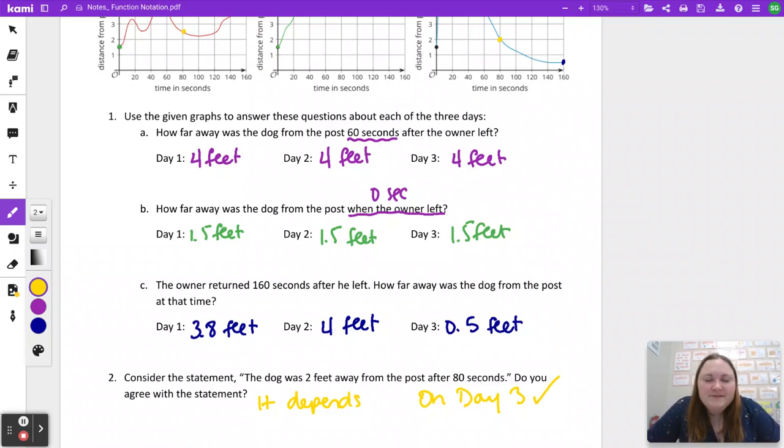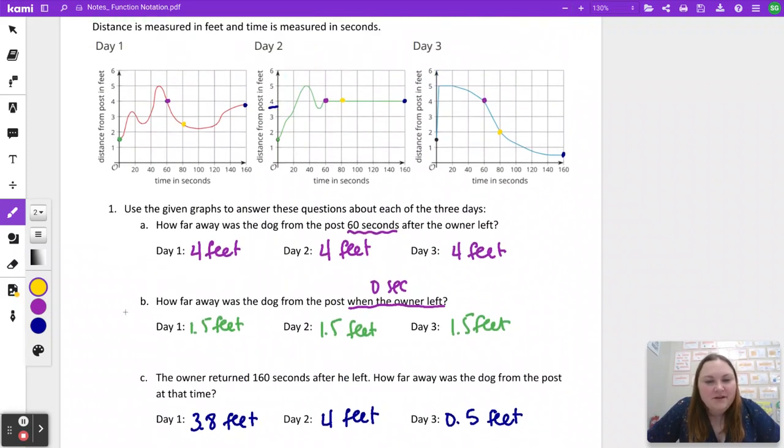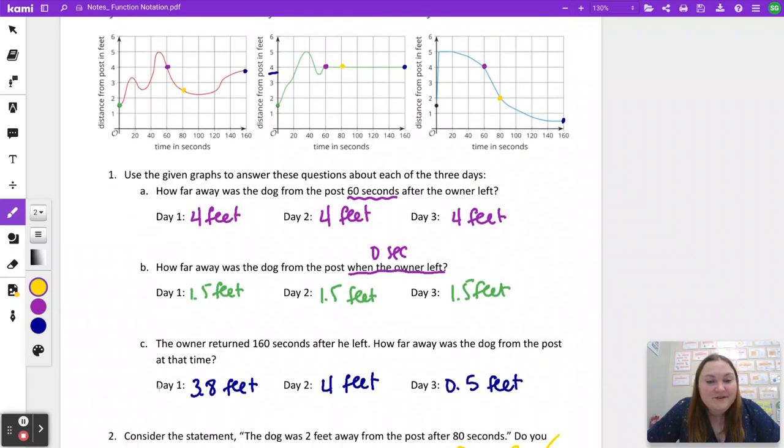After going through this problem, we're seeing there's a lot of language in these questions when we're describing these graphs. For example, in part C, we were saying that the owner returned 160 seconds after he left. The dog was 3.8 feet away from the post 160 seconds after the owner left on day 1.